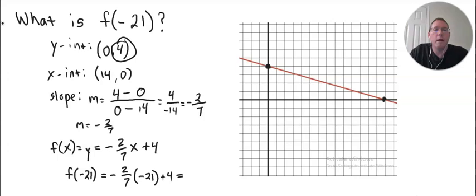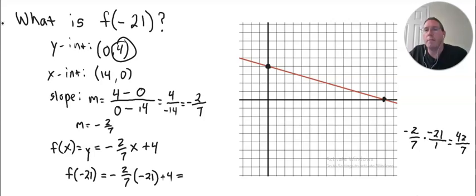All right, let's see what we got here. So negative 2/7 times negative 21. Let's maybe do that over here. Negative 2/7. Notice I put the negative in the numerator. That's a good idea here. Times negative 21. Now, negative 21 is the same thing as negative 21 over 1. And so that's going to be equal to negative 2 times negative 21, that's 42, and then 7 times 1, that's 7.